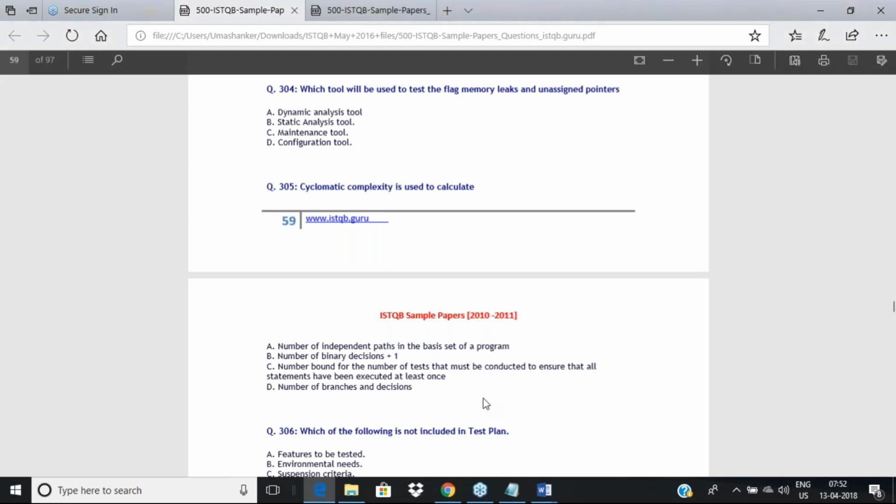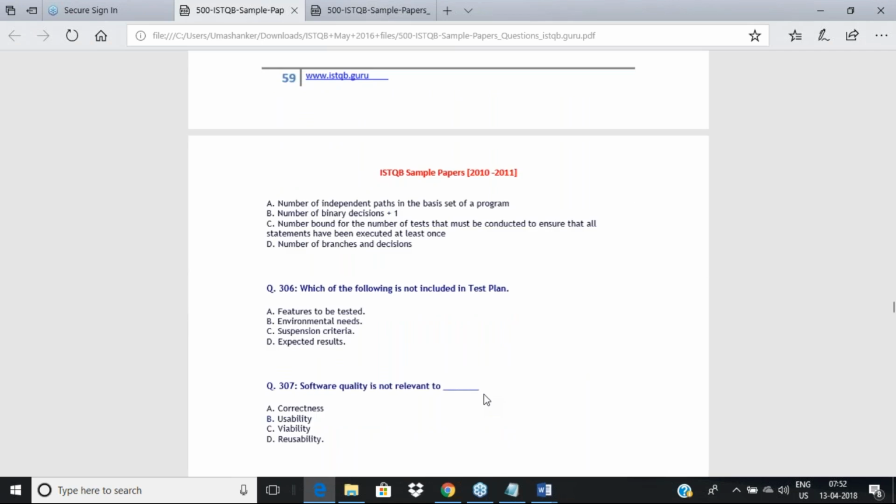Which of the following is not included in the test plan? Features to be tested, environmental needs, suspension criteria, expected results. It's very straightforward. You have to be very clear what a test plan, test case and test condition are. Why would you write expected result in a test plan? Suspension criteria has to be part of the plan.